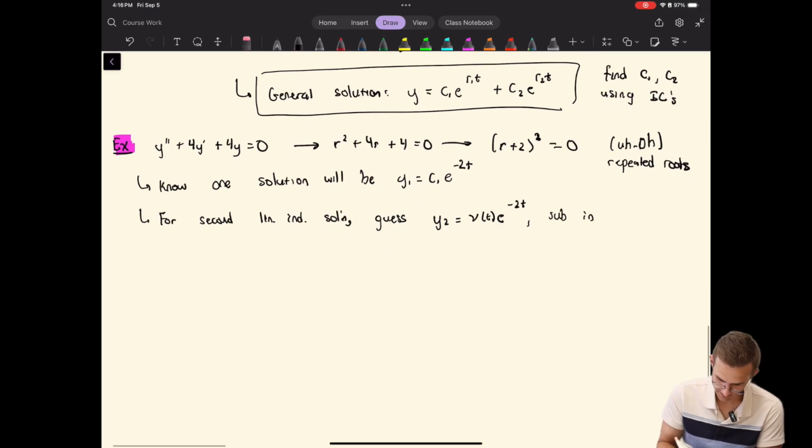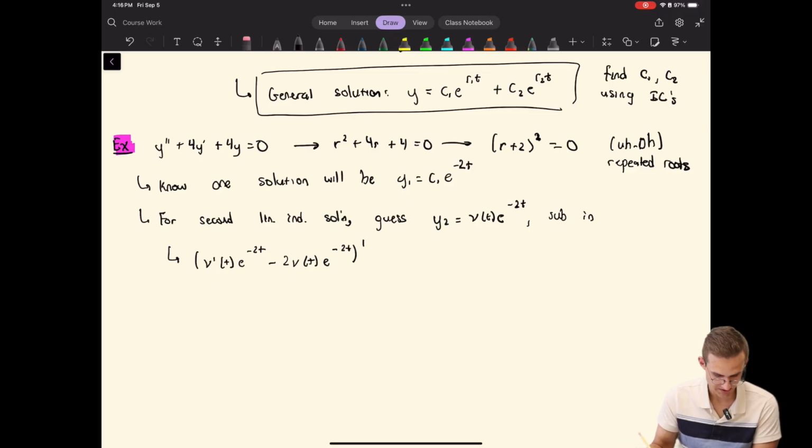If we do this, the first derivative is nu prime of t times e to the minus 2t minus 2 nu of t e to the minus 2t.